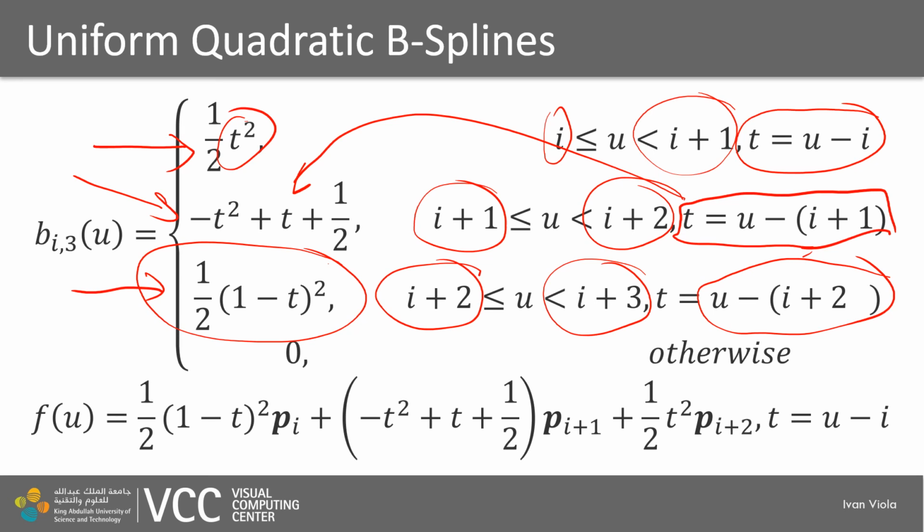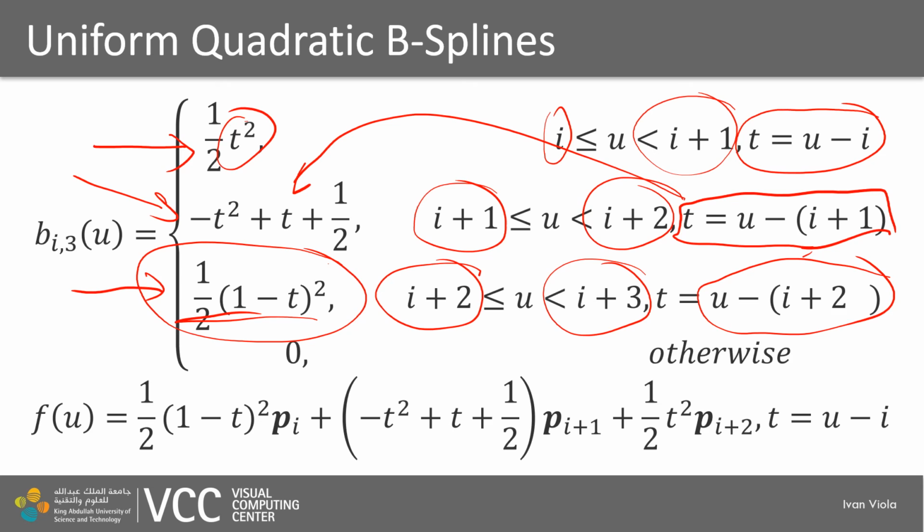So we always make out of the u something between 0 and 1, so that the parameter in the formula goes between 0 and 1. But in reality, the u goes between, for example, i plus 2 and i plus 3, which would be, if i is 1, let's say, then it will be 3 and 4.